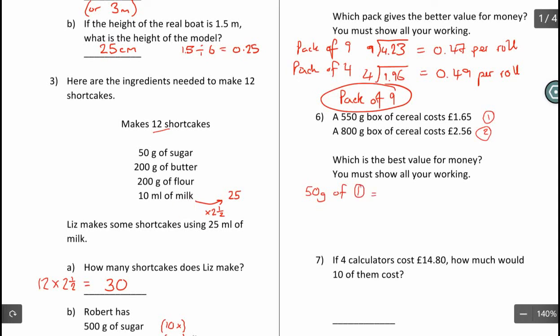Now to turn 550 grams into 50 grams, I need to divide by 11. So I'm going to divide the cost by 11 as well. And that will give 15 pence. And for the next one, to find 50 grams of option 2, I would divide by 16.